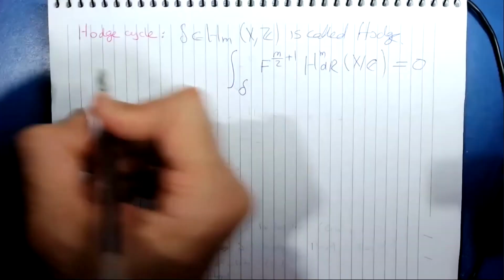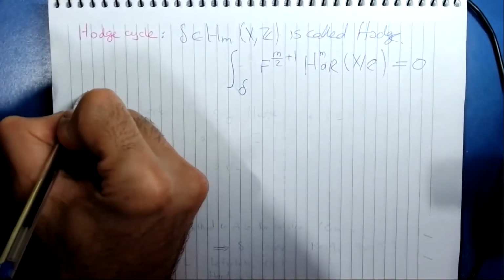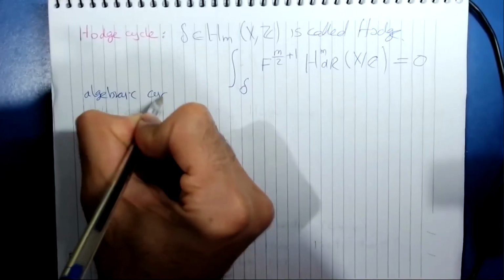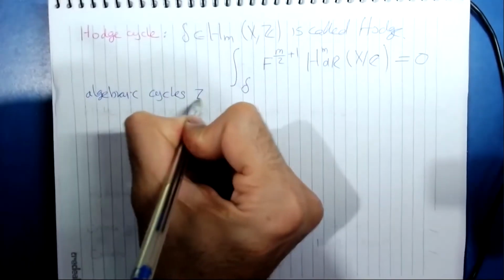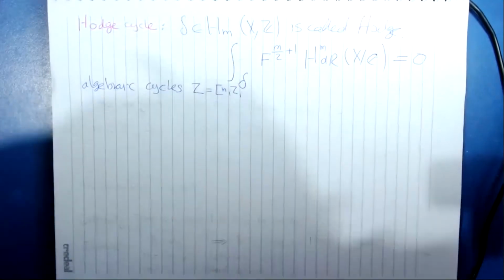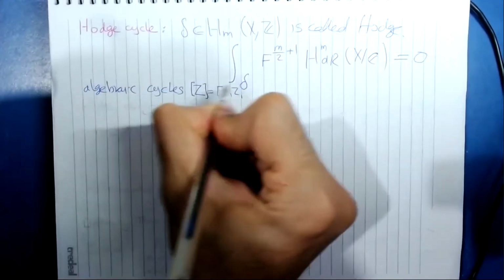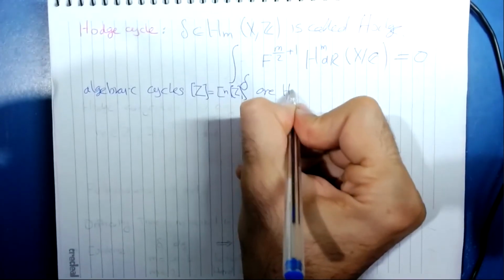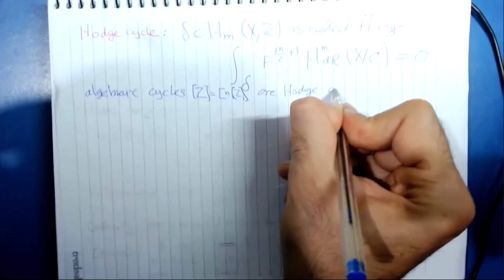This one, because we have proved that algebraic cycles, which by definition is just this Z and Zi, let's just take the homological class, are Hodge cycles.